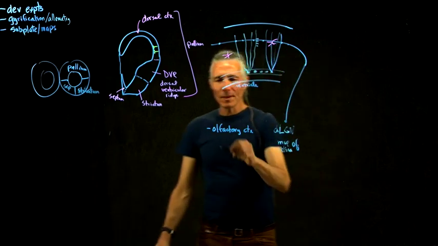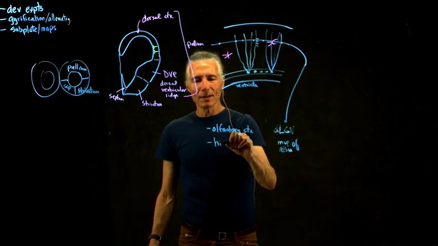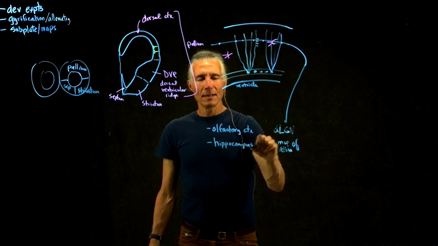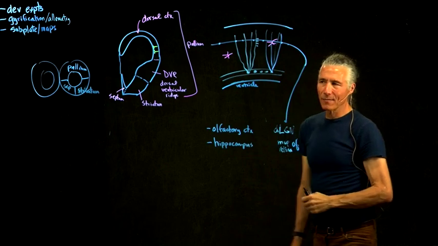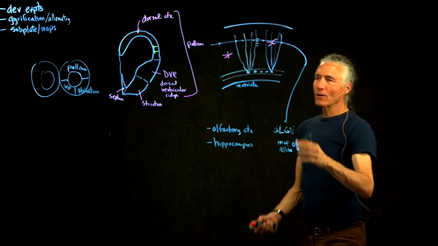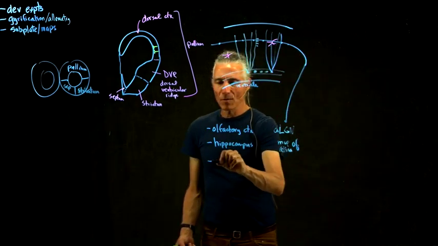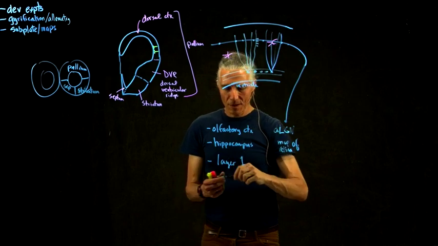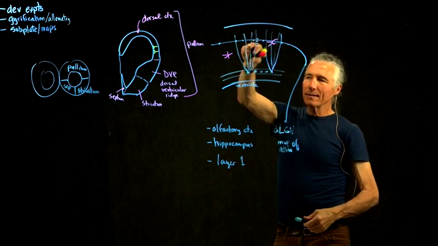You can also see something that looks like that in the hippocampus. And you can still see something like this throughout the entire cortex of a mammal in layer 1. Layer 1 looks just like this. There are hardly any cells in it.